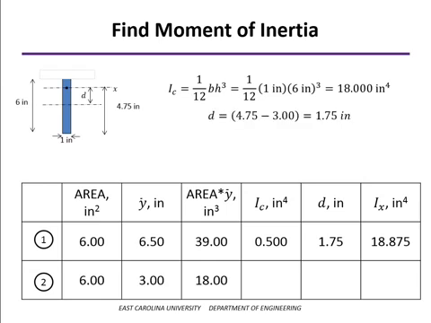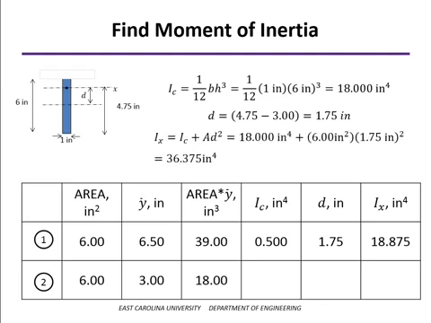Of course, you can switch those around if you want, because that value gets squared, so it doesn't matter if it's positive or negative. And so the moment of inertia about the x-axis here turns out to be 36.375 inches to the fourth.